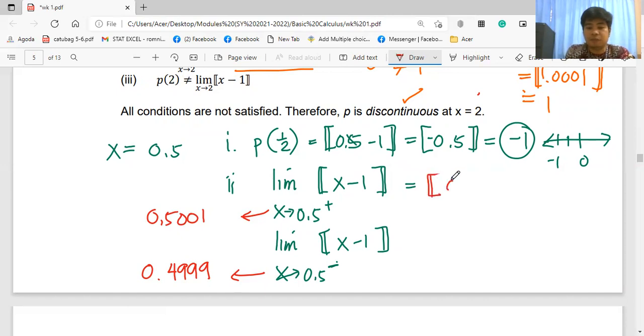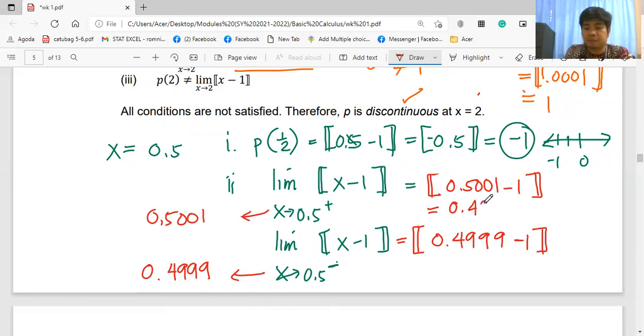Okay, so we substitute, minus 1. So what about this? 0.4999 minus 1, we can see that this is negative 0.5001, and the other one is negative 0.4999. If we get the greatest integer of these two, they are providing the same value, and that value is negative 1.